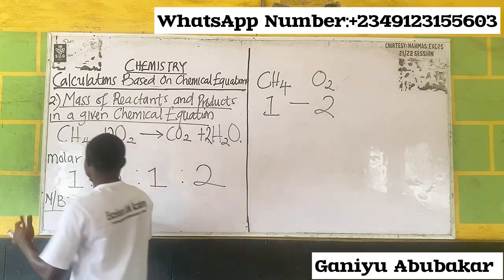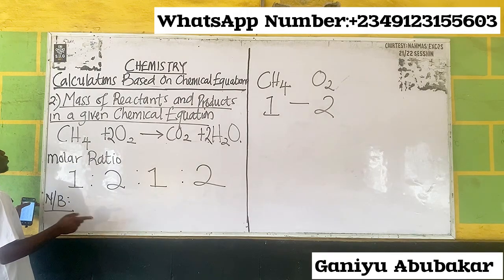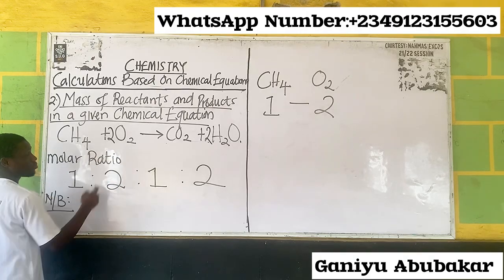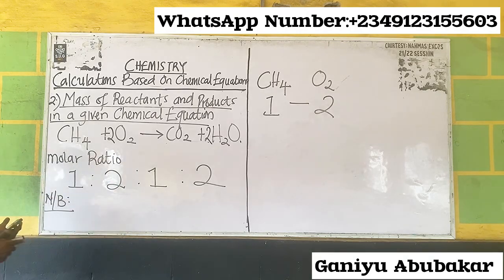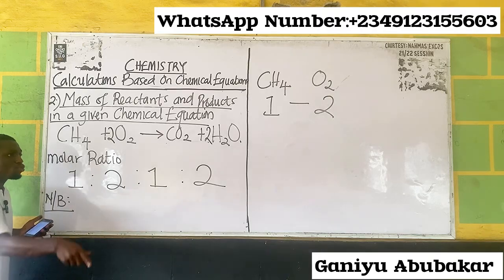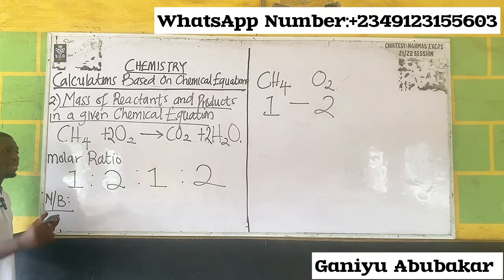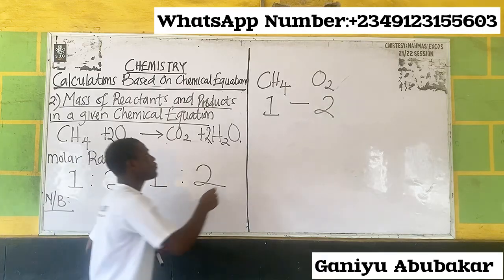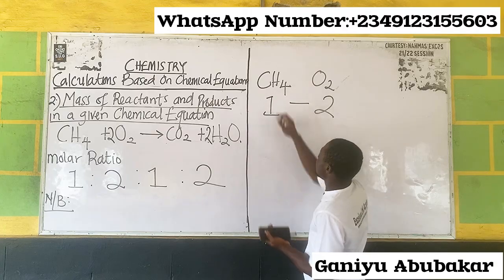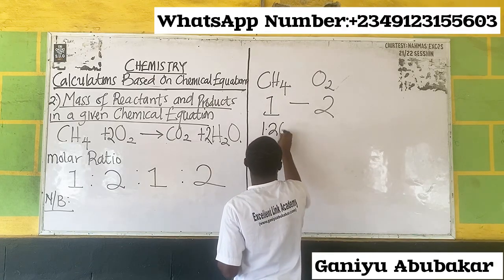From the balanced equation above, it requires 1 mole of methane to react with 2 moles of oxygen. Hence, let the number of moles of oxygen that will react with 1.20 mole of methane be X. Methane is 1.20 mole.